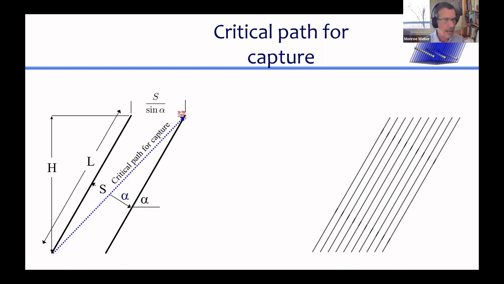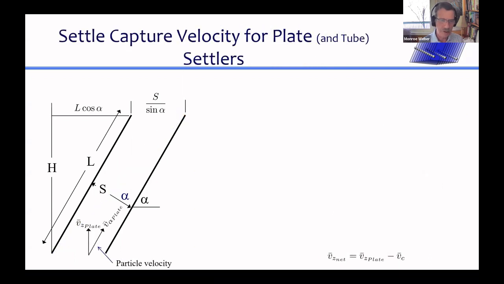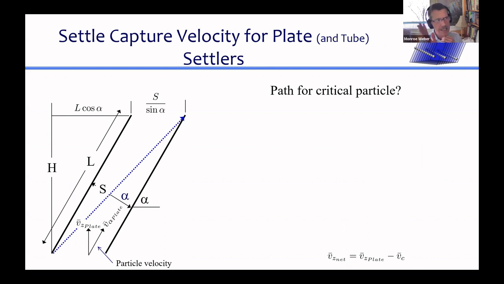So that's the critical path. And our goal now is to turn that into a capture velocity. So let's try it again. Here it is. What's that path? This is the path. It has to take that slight angle and slowly get to what it sees as the lower plate, right? It's in between two plates and it always ends up on the lower plate.